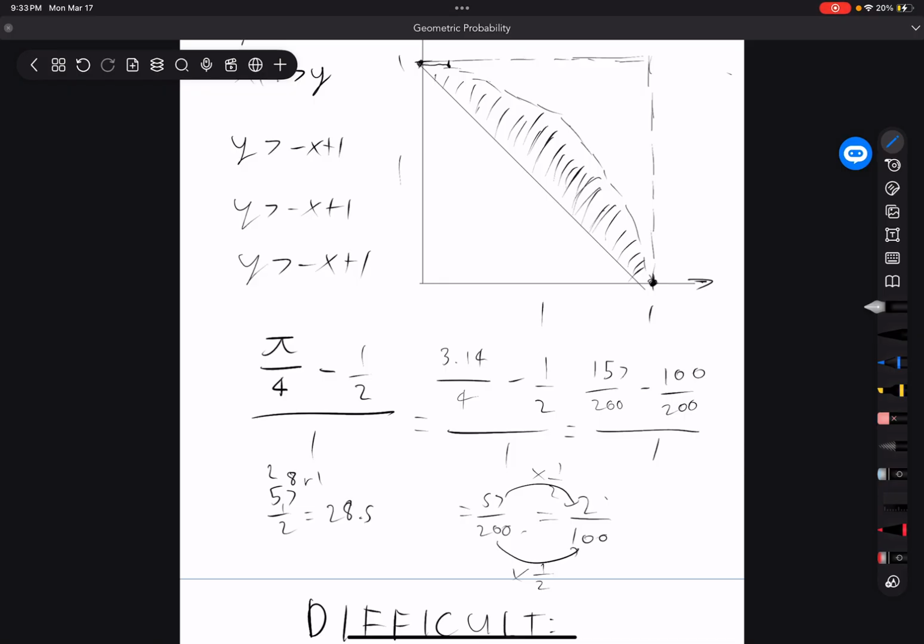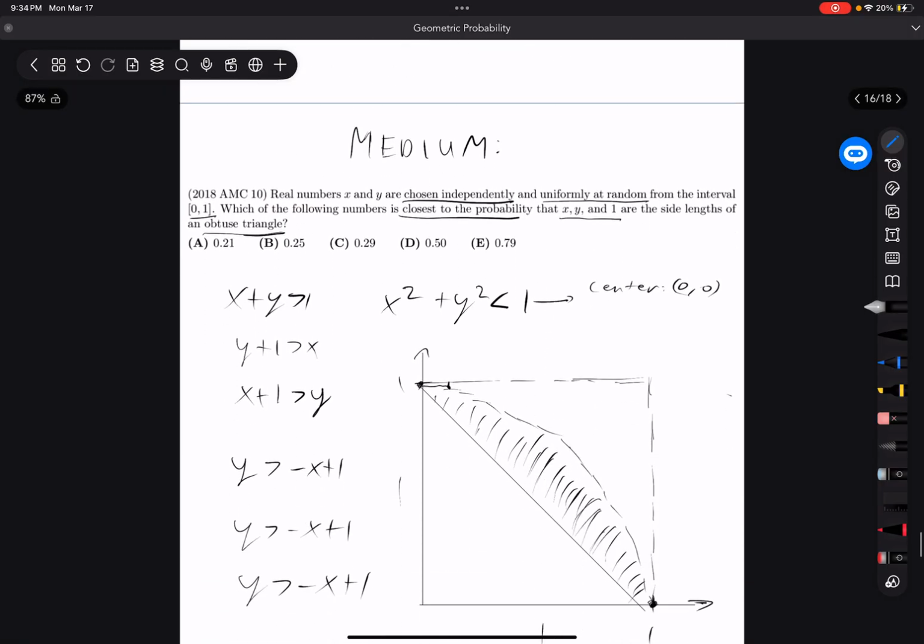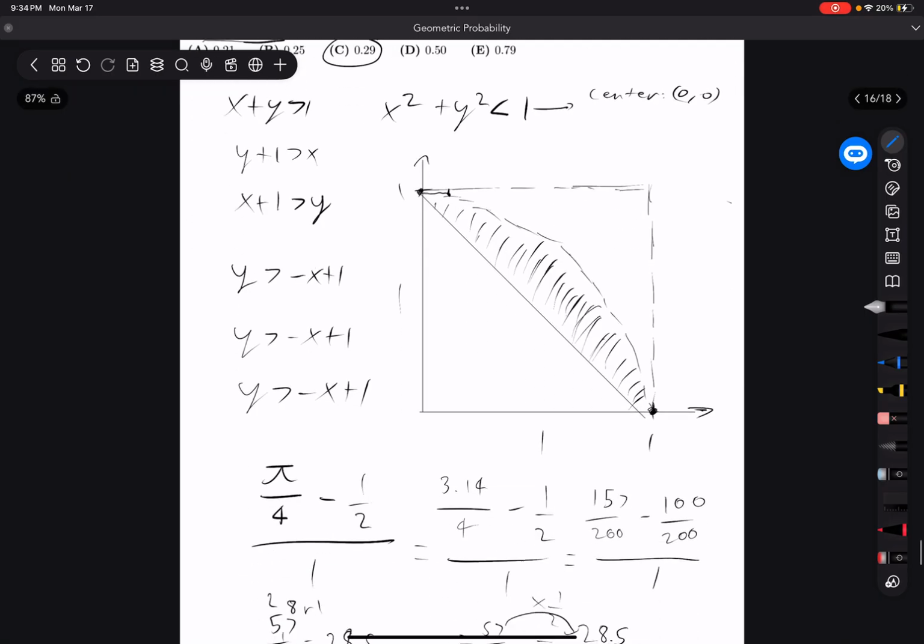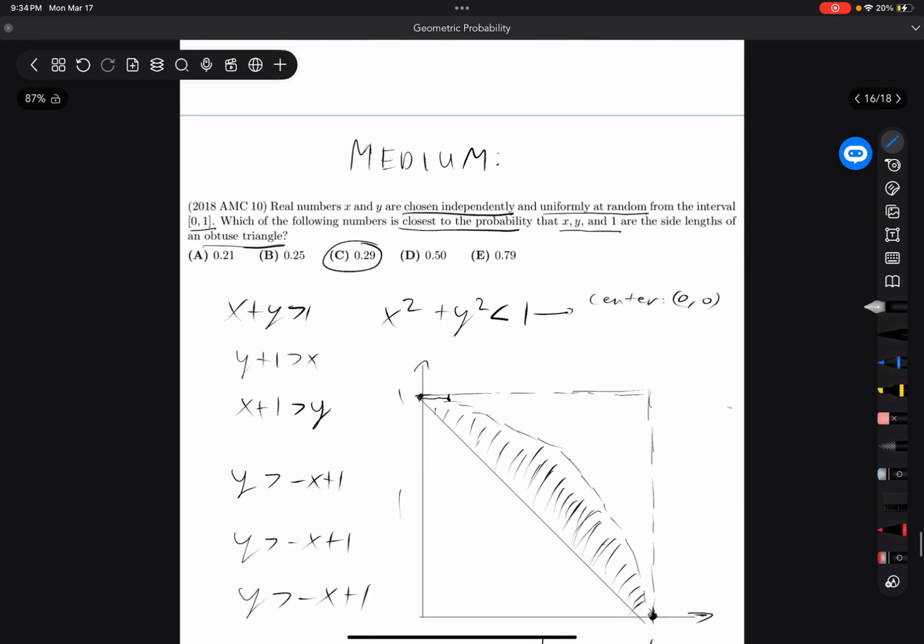So 28.5 over 100 is equal to 0.285. We can now look at our option choices, and we see how 0.285 is extremely close to 0.29. And so, therefore, our answer is 0.29, considering that the question was closest to the probability.